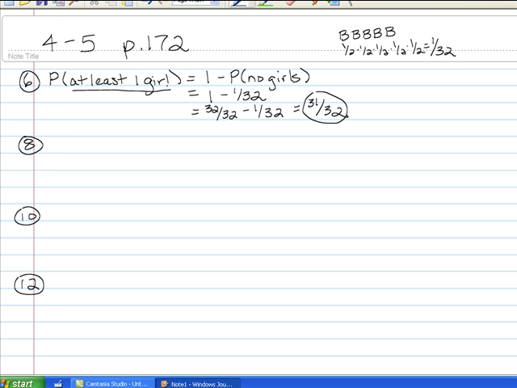Okay, and number 8, when 4 digits between 0 and 9 inclusive are randomly selected with replacement for a lottery ticket, none of the digits is a 7. So again, for none, the complement is at least 1 seven. That's 1 minus the probability of no 7s.